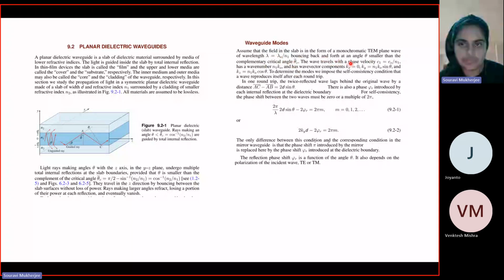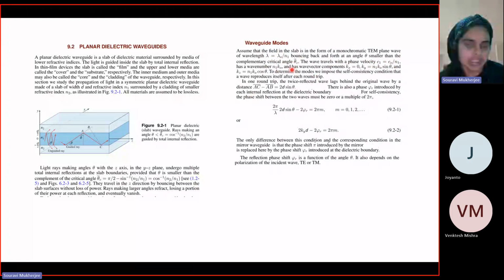The wave is traveling with phase velocity given as c1 equal to c naught by n1 because of this dielectric media. And the wave number again becomes n1 into k naught. You consider that you just have wave vector components where Ky is defined as n1 k naught sine theta and Kz is n1 k naught cos theta.